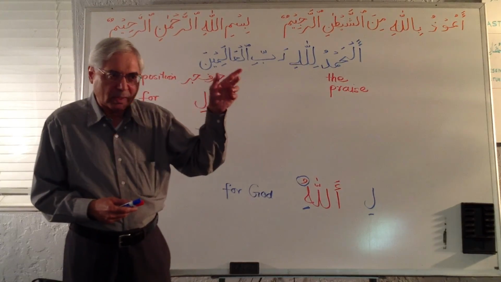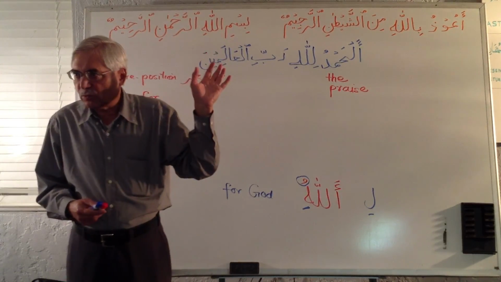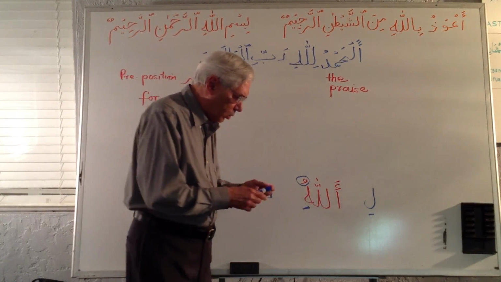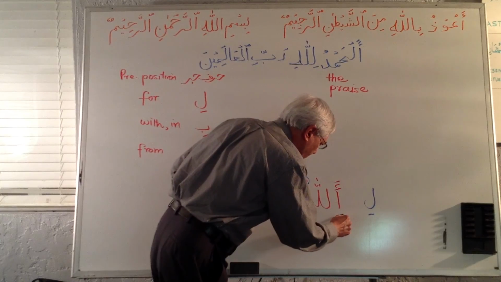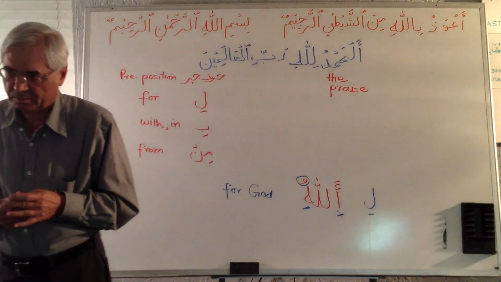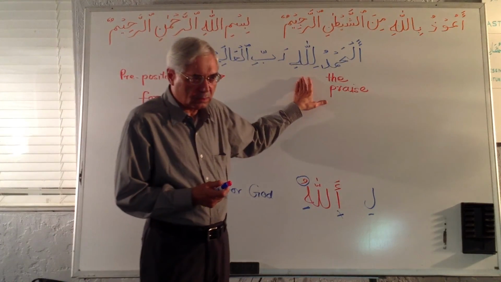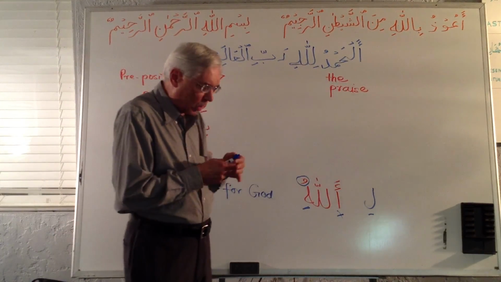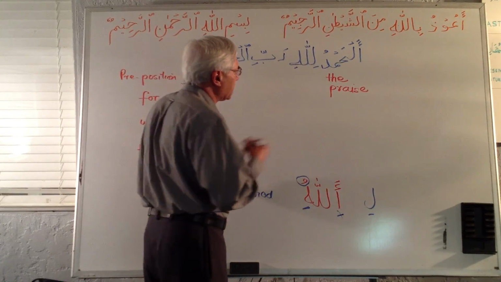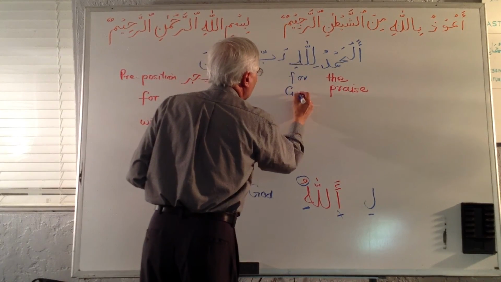Just like when we created the word ilahun, we drop the alif of ilahun. Similarly, you drop the pronunciation of this. Now pronounce this thing: Lillahi, that's the second word of the Quran, Surah Al-Fatiha. And what is the meaning of that one? All the praise for God, right?